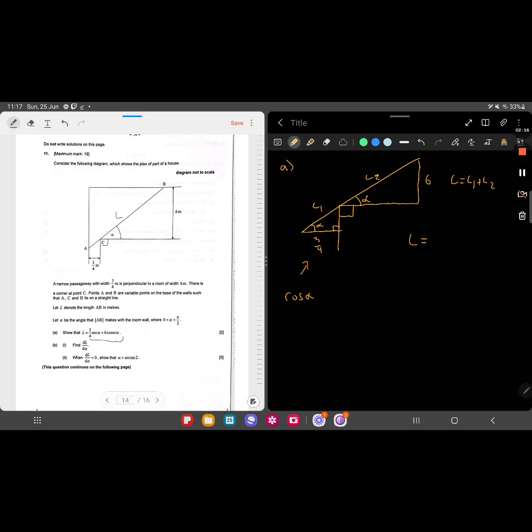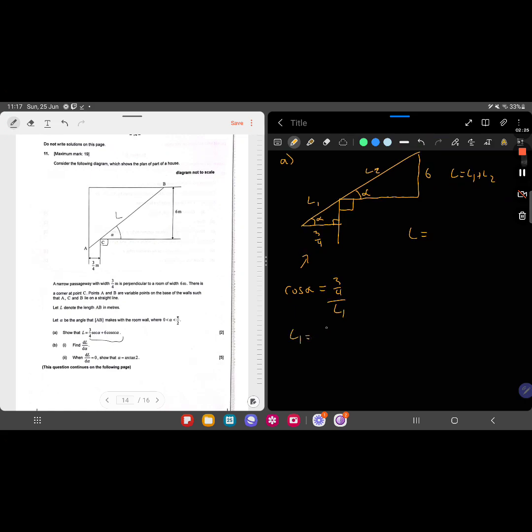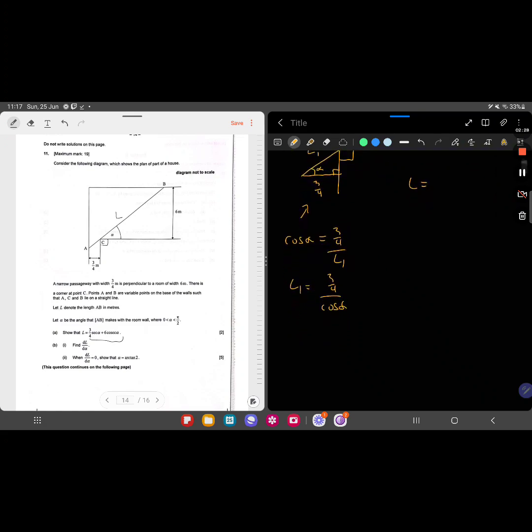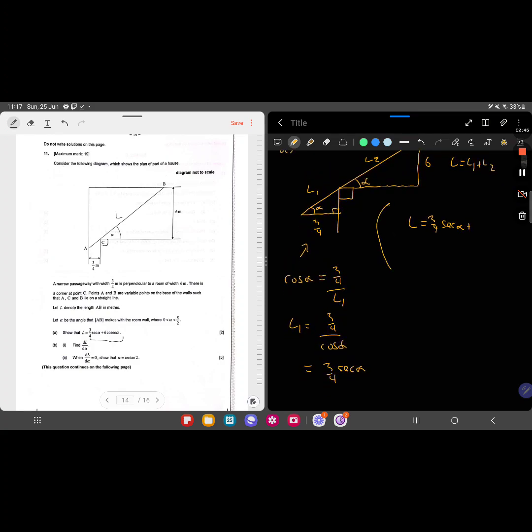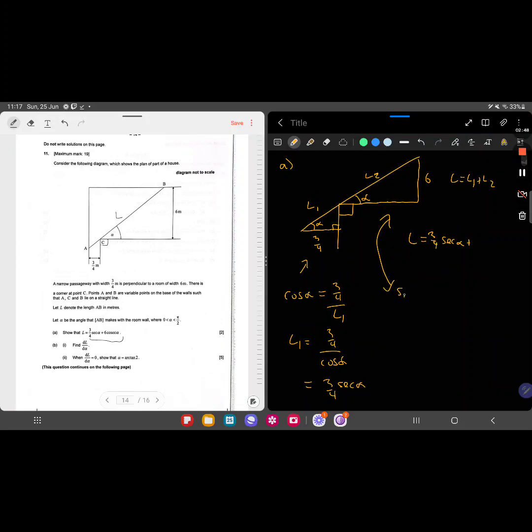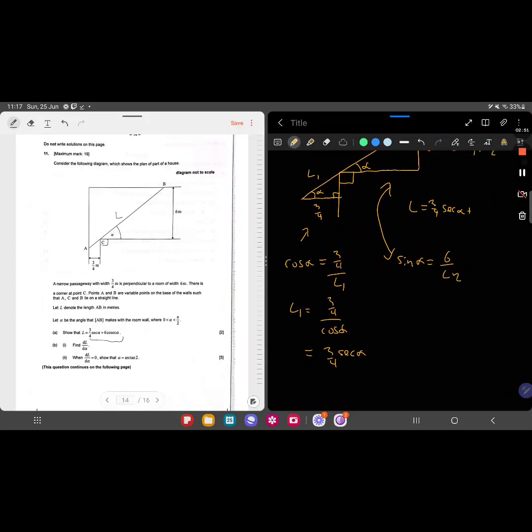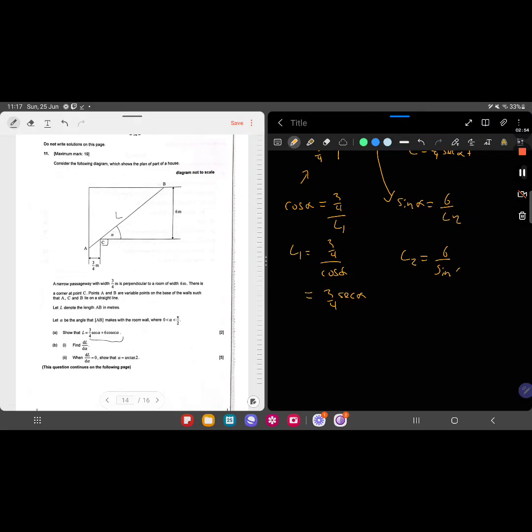Cos alpha equals adjacent over hypotenuse, so L1 equals 3 over 4 over cos alpha, which equals 3 over 4 sec alpha, the reciprocal. Plus, for the other part, just bring this down: sine alpha equals opposite over hypotenuse, 6 over L2, so L2 equals 6 over sine alpha, which equals 6 cosec alpha. And that should be it.